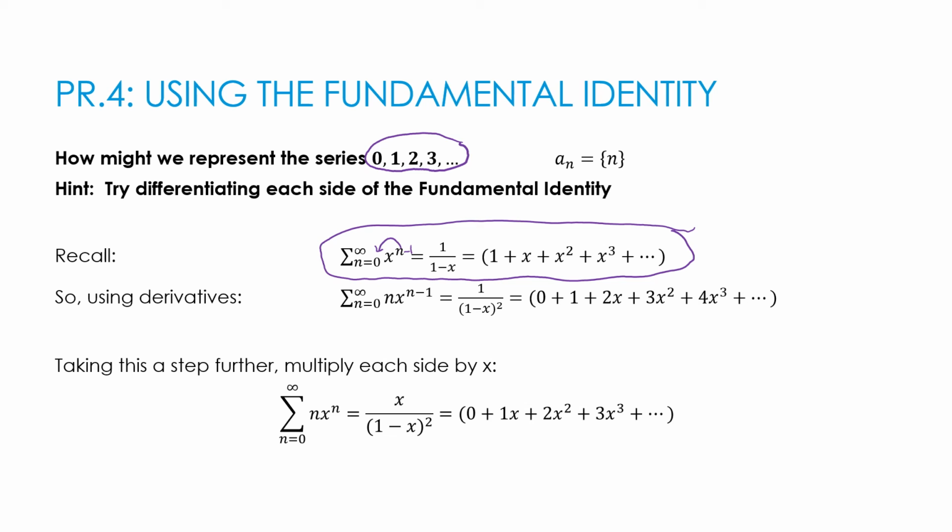That's how we do derivatives. The derivative of this guy would be essentially using that quotient rule. Bottom times the derivative of the top minus top times derivative of the bottom over the bottom squared. We end up back at 1 over 1 minus x quantity squared.